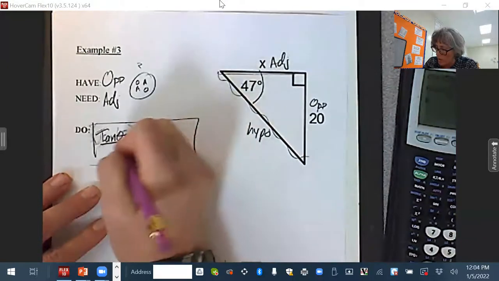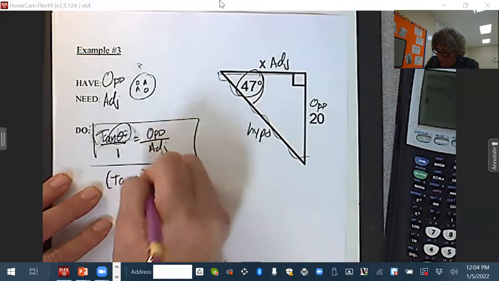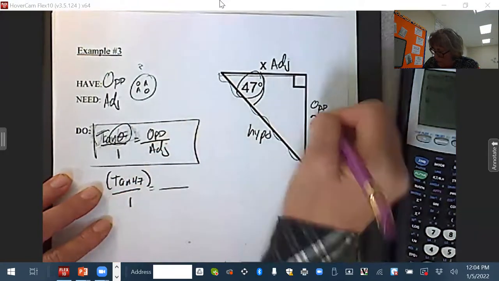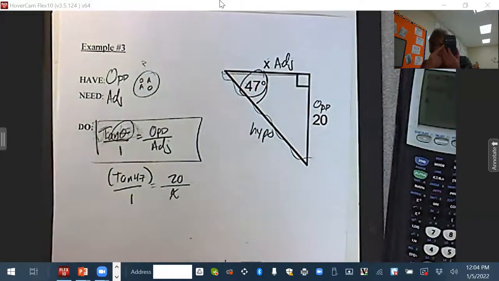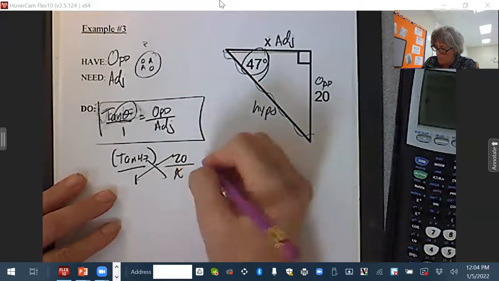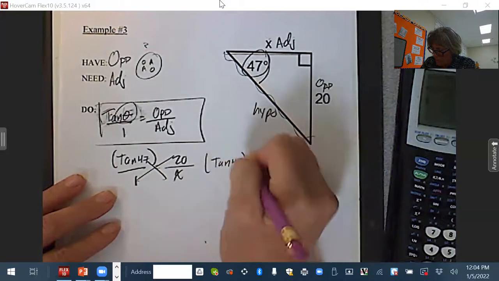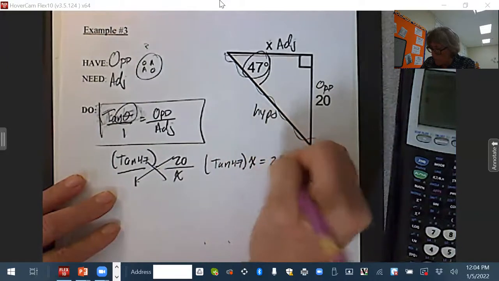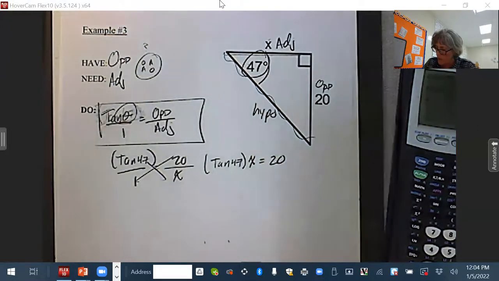Now, circle, plug, chug. Theta, keep parentheses around that. Our opposite is 20. Our adjacent is x. Do not touch a calculator until your variable is by itself. Cross multiply. This reads tangent of 47 times x equals 20. Careful, don't touch your calculators yet.